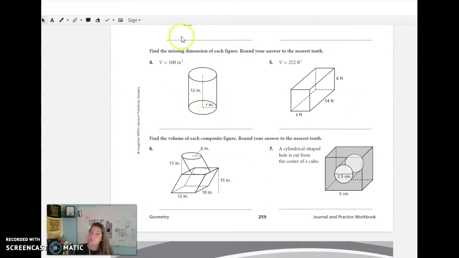Oh, number 4, okay? So number 4 actually gives you some information, and you have to go figure out what the radius is. You're going to be doing things a little bit backwards.